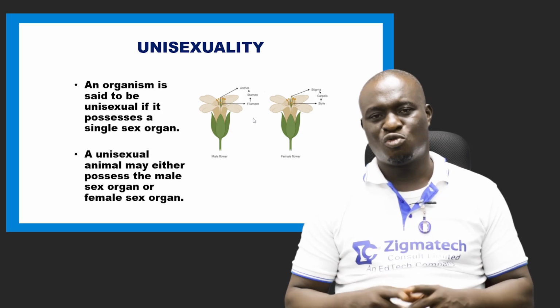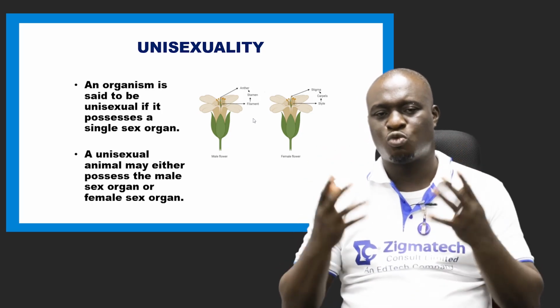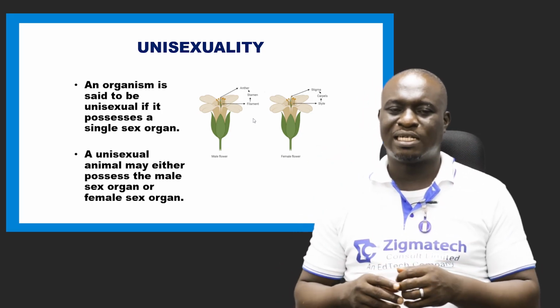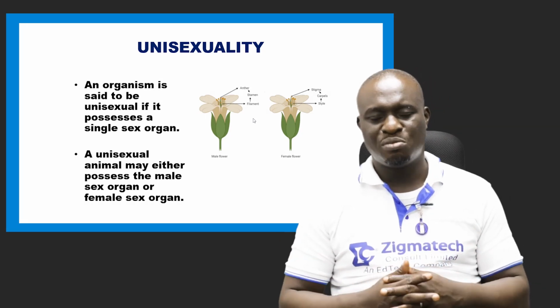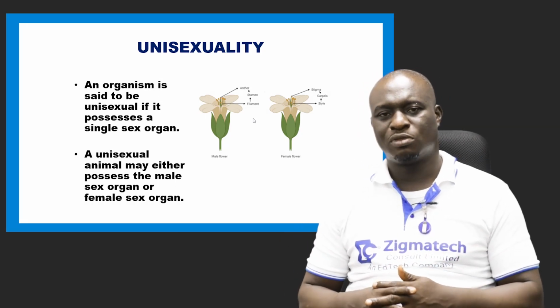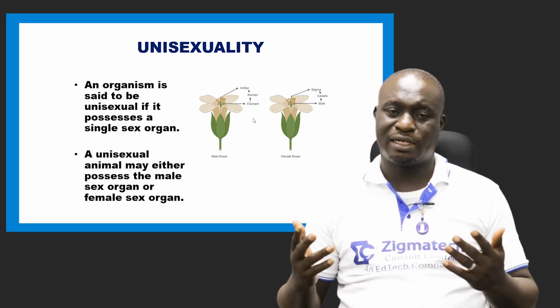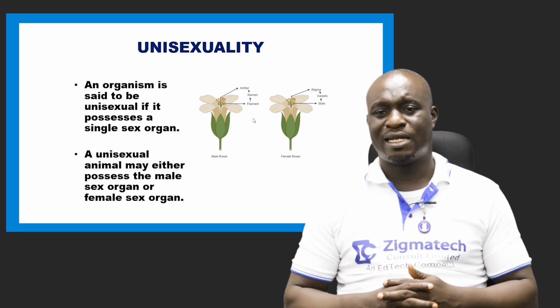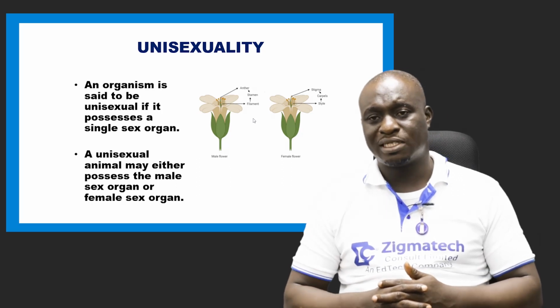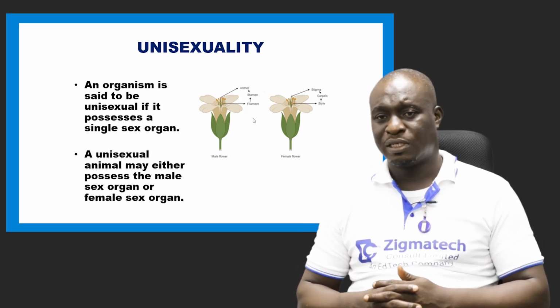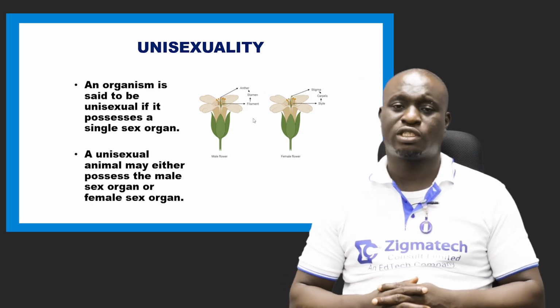Okay, I believe some of you might be coming up with an idea, saying that there are some, what will I call them, she-males, or humans that have both reproductive organs. Well, I don't know, we can classify them as probably bisexual, because they possess both reproductive organs.